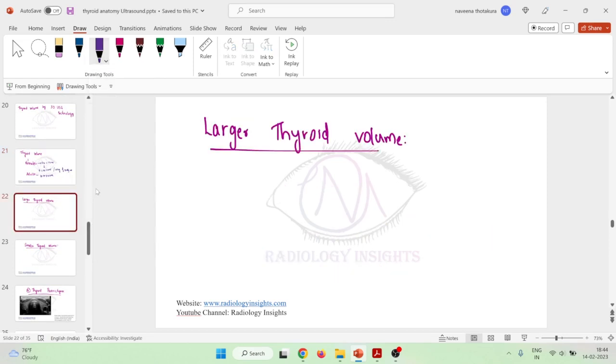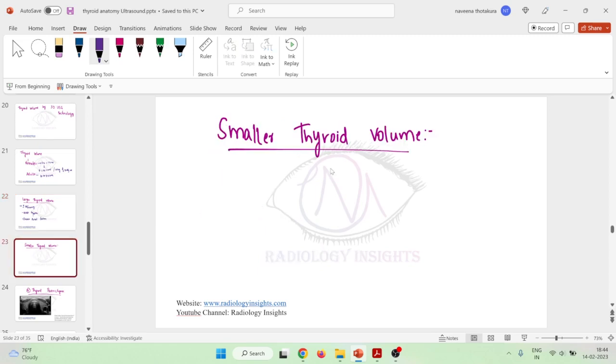Next, there are conditions where the thyroid volume will increase. Larger thyroid volume is seen in patients living in iodine deficiency regions, or in conditions like acute hepatitis or chronic renal failure. There are also conditions where the thyroid gland volume is smaller.